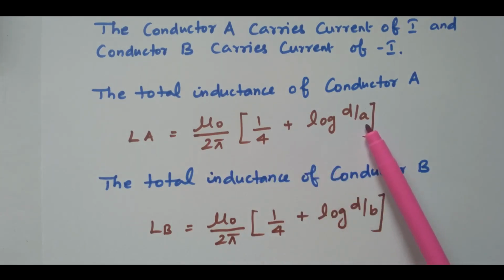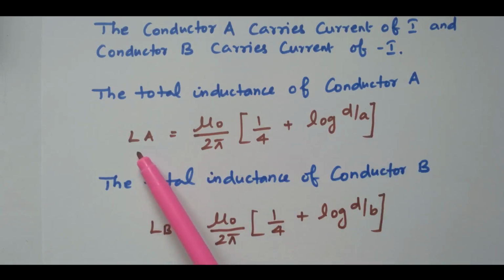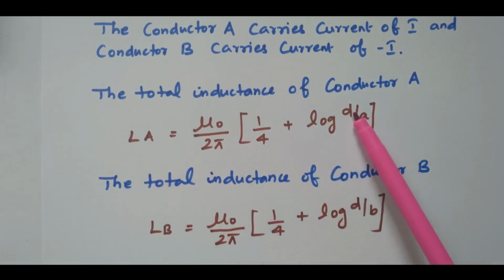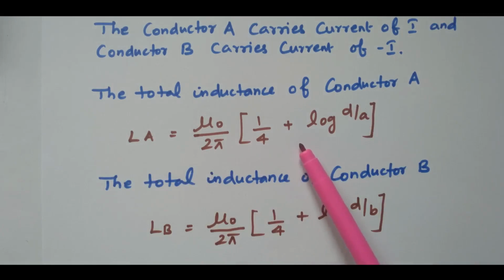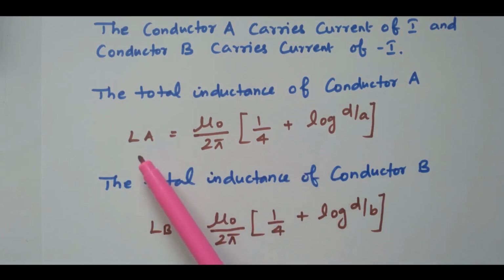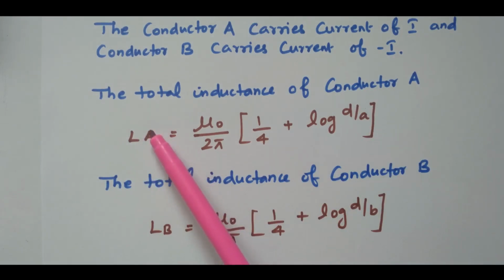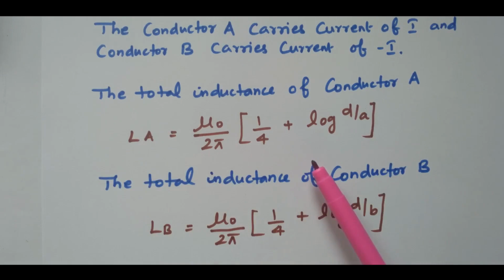This a is the radius of conductor A. D is the distance between conductors A and B. So this inductance is due to two fluxes: flux due to conductor A itself and flux between conductors A and B. Based on that we got this expression. The detailed explanation is available in the previous video, the inductance of a solid conductor. So this refers to the inductance of conductor A.